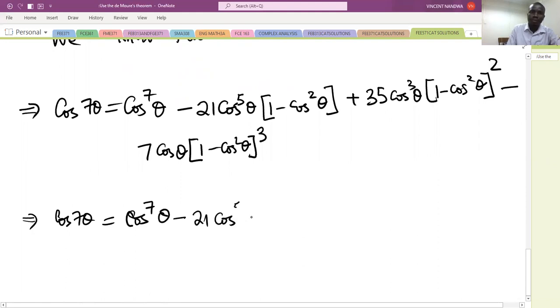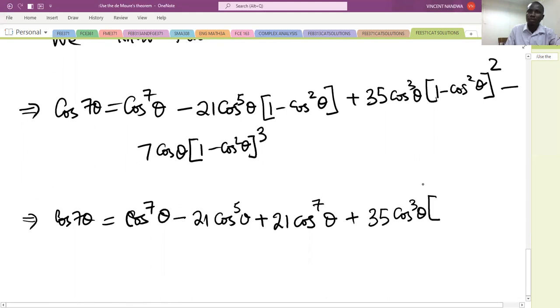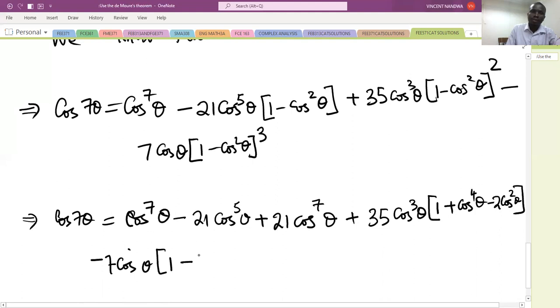So let's expand this. cos of 7 theta will be cos power 7 theta minus 21 cos power 5 theta plus 21 cos power 7 theta, and then plus 35 cos cubed theta into, now the square of this one will be 1 plus cos power 4 theta minus 2 cos squared theta, minus 7 cosine of theta into 1 minus this, to the power 3.